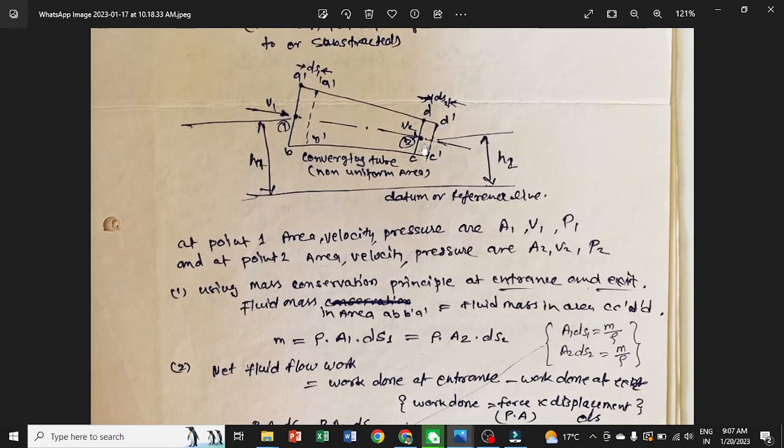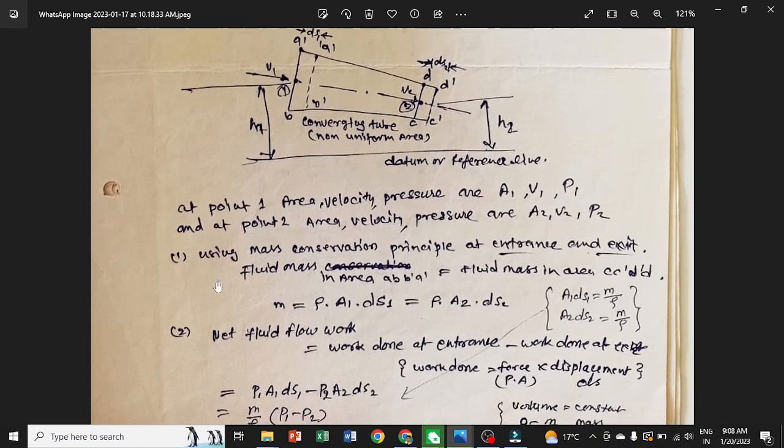Suppose water or any kind of fluid is flowing from the upper to the lower side, and these two sections have different areas, different velocities of water and different heights. The height of the first section is taken as h1 and the height of the second section is taken as h2.